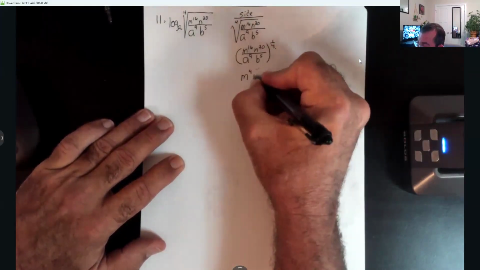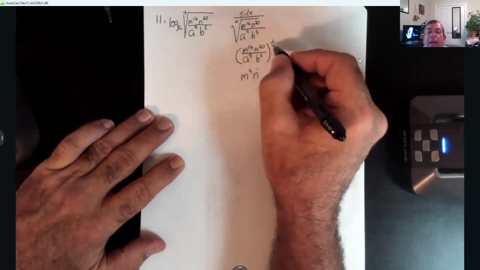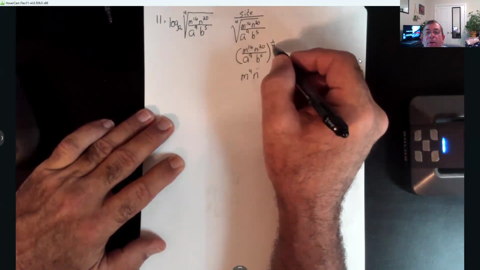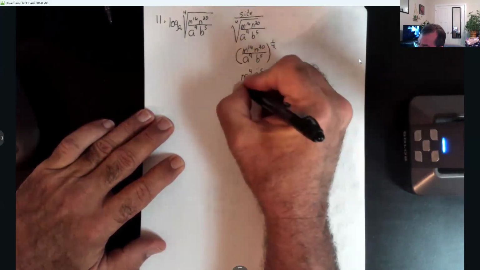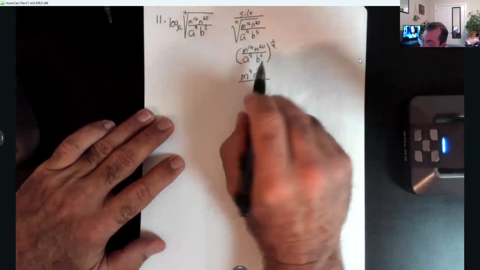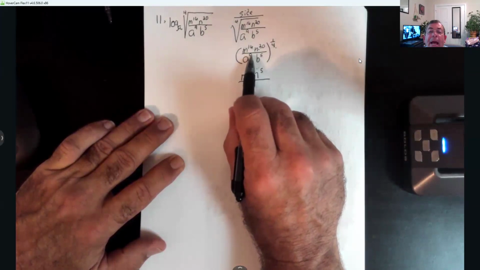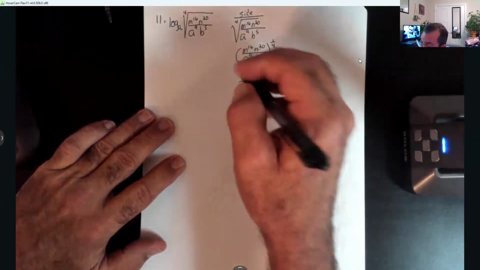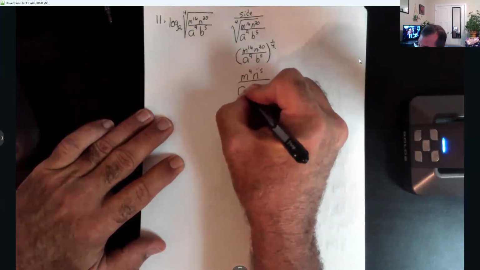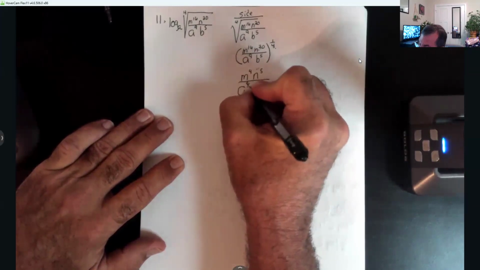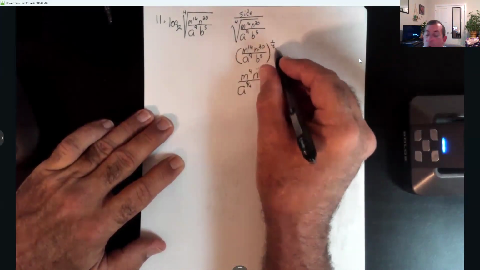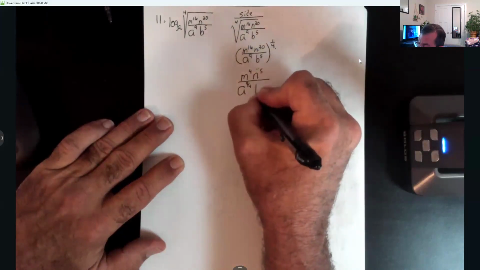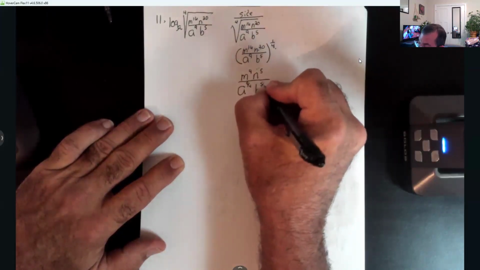On the n, we got 20 times 1/4, which is 5. On bottom, for the a, we got 9 times 1/4, which is 9/4. And on the b, we got 5 times 1/4, which is 5/4.